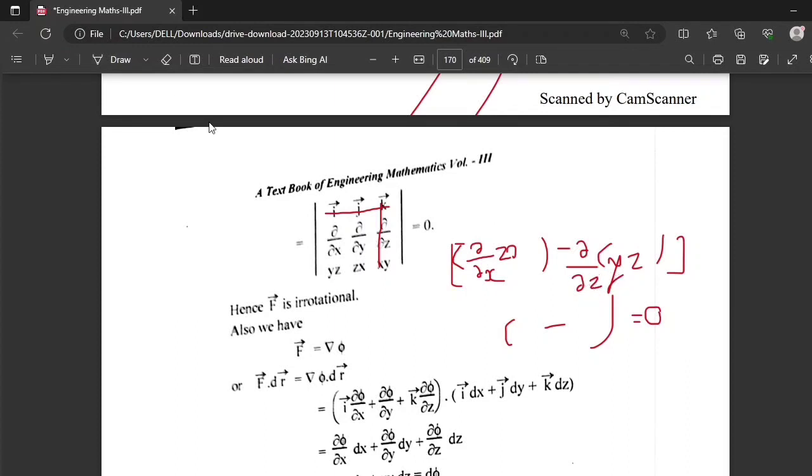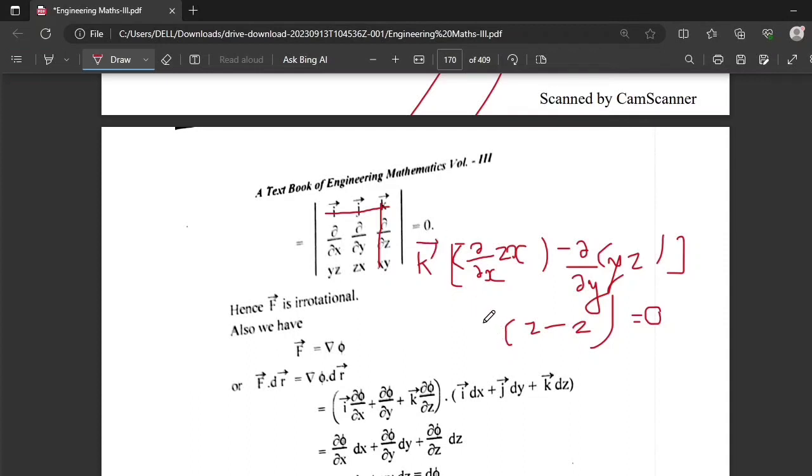Del/del x of zx, z is constant, so it is z, minus z.